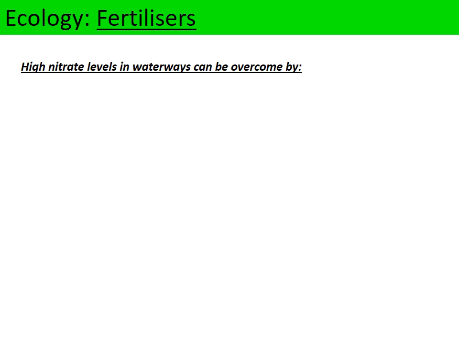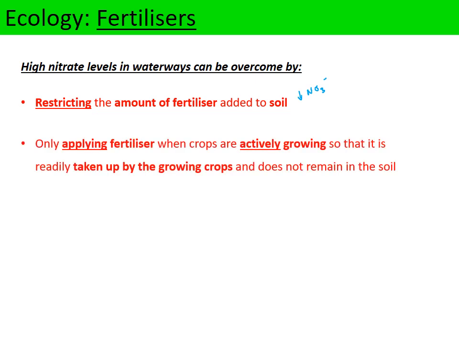So how can farmers overcome high nitrate levels in waterways and therefore help to prevent eutrophication? Well, they can restrict the amount of fertilizer that they add to the soil in the first place. If there's less fertilizer being added, then there's less nitrate in the soil that could be leached into the water course.